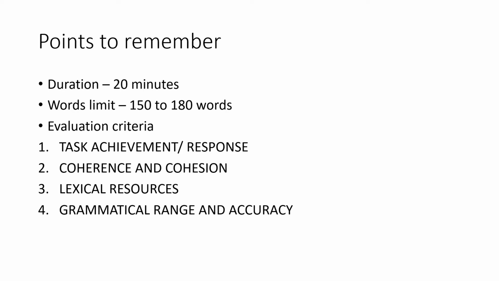As the word accuracy says, it is expected that you frame your sentences without any grammatical errors in the structure of your sentence. And the grammatical range is nothing but you must try using different grammatical structures like reported speech, active voice, simple sentences, and complex sentences.